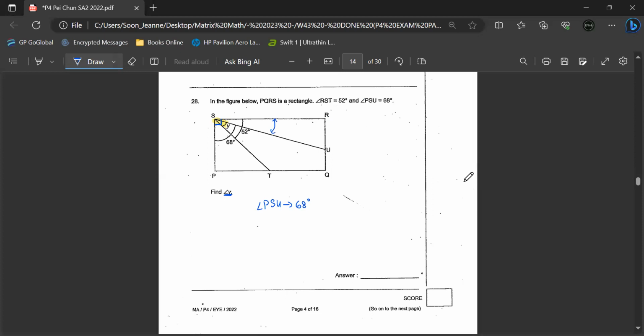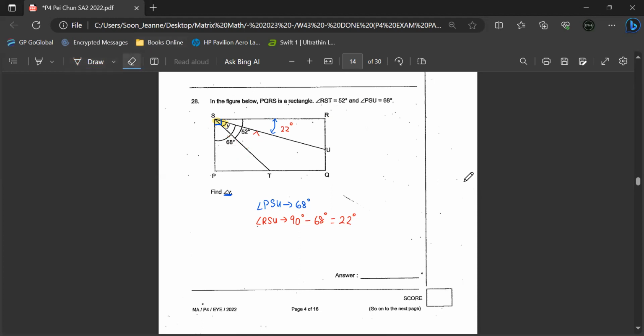If I draw in another color, you'll see that this is the 68. So angle RSU will be 90 degrees minus 68 degrees. So angle RSU will be 22 degrees.